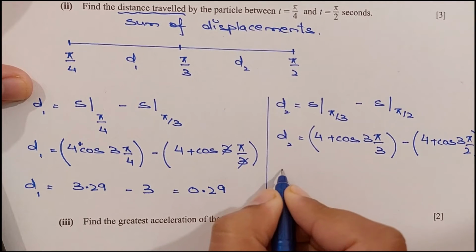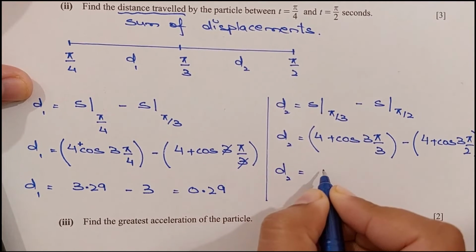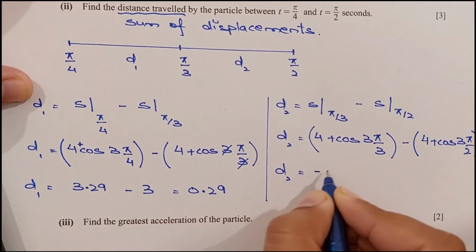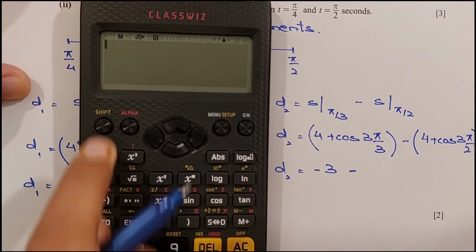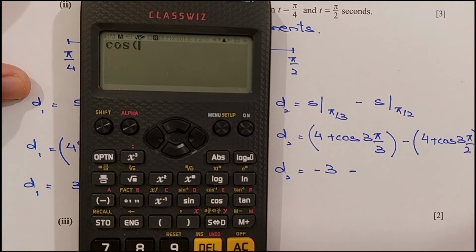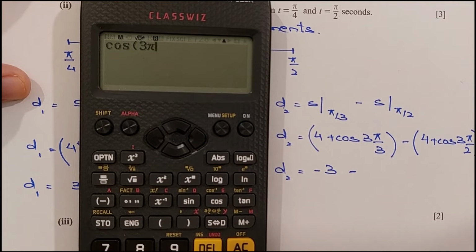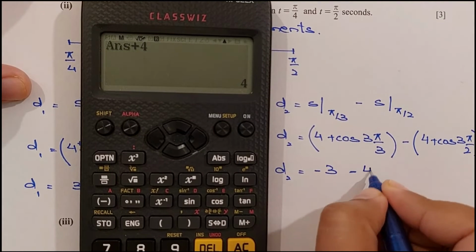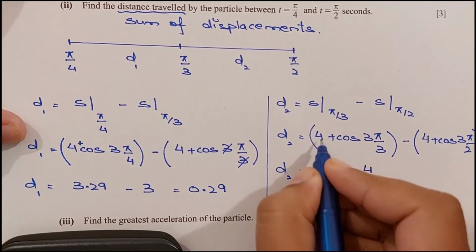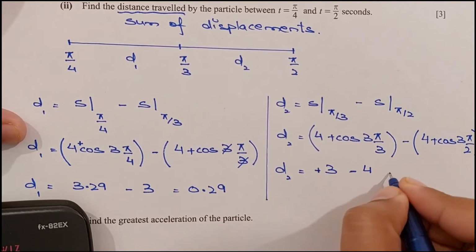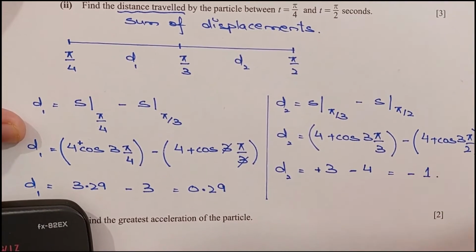So we have 3, and minus cos 3 pi by 2 plus 4, which is minus 3 and plus 1, which is 4. So this displacement is negative 1.